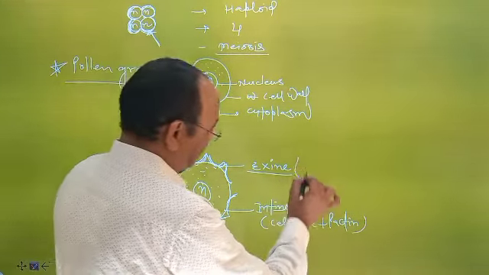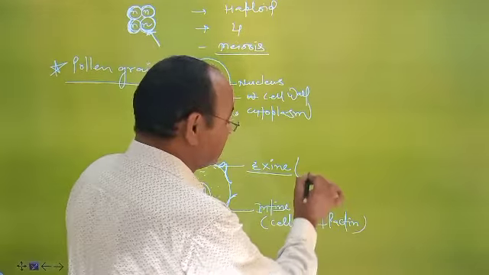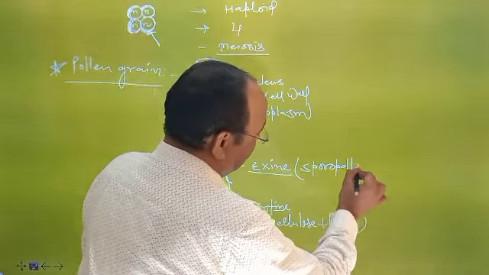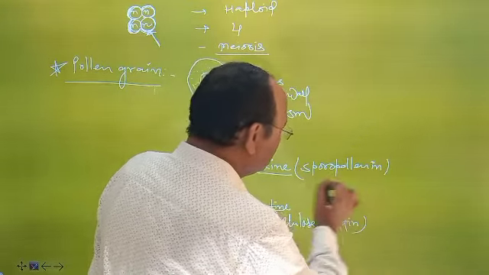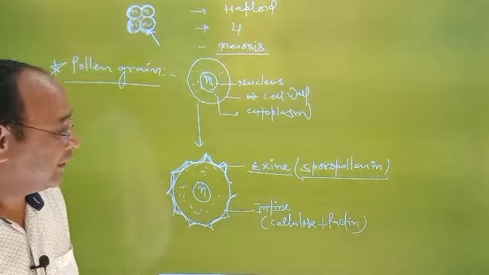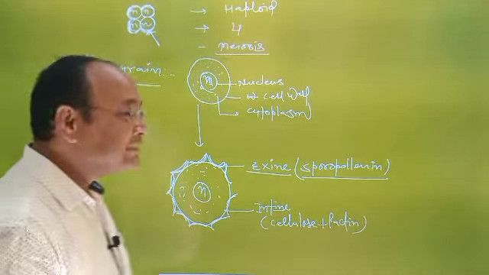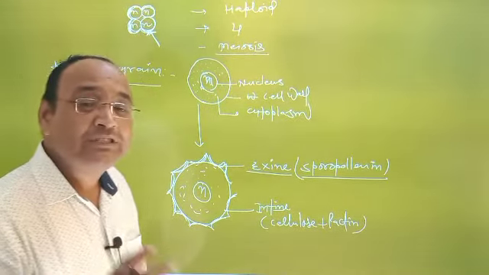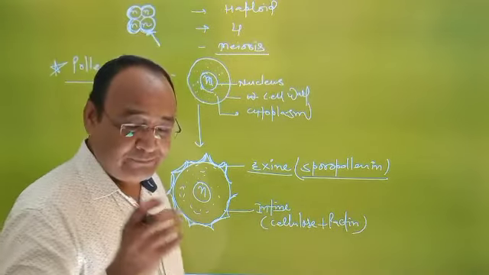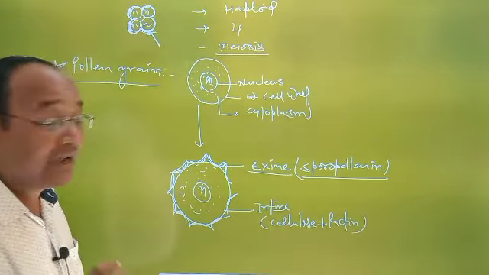The exine layer is made up of sporopollenin, and due to the presence of sporopollenin, pollen grains are found in fossil form, because sporopollenin is not decomposed by any enzyme.